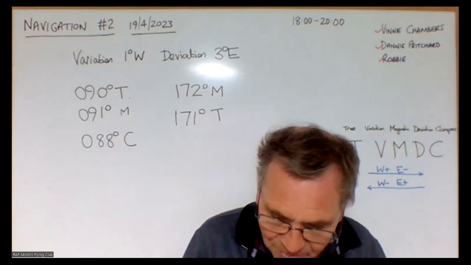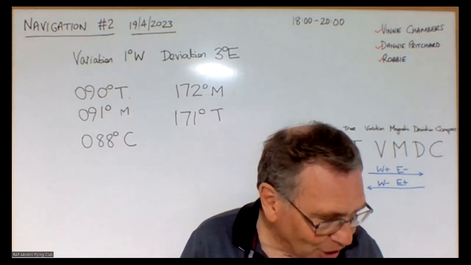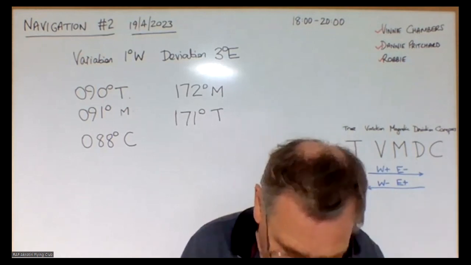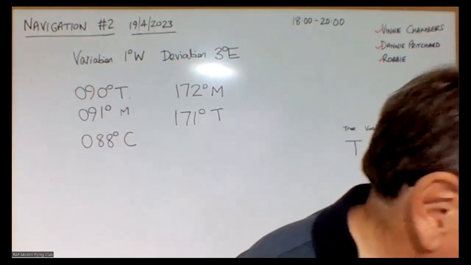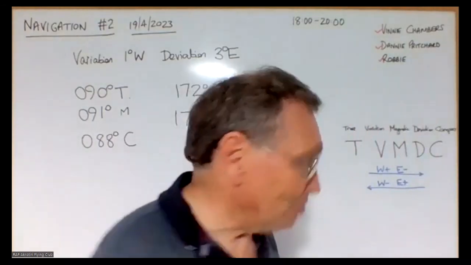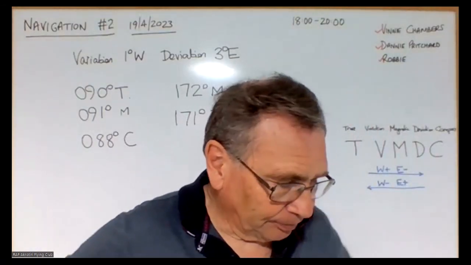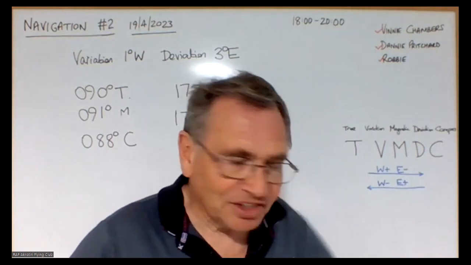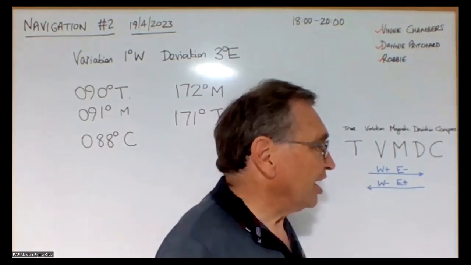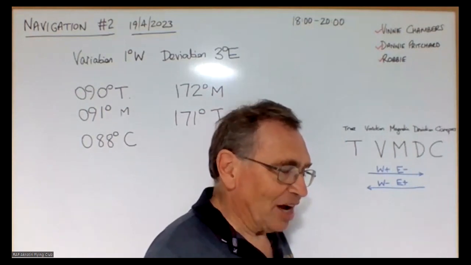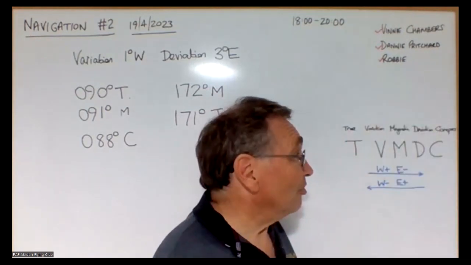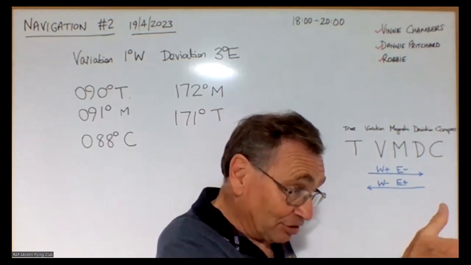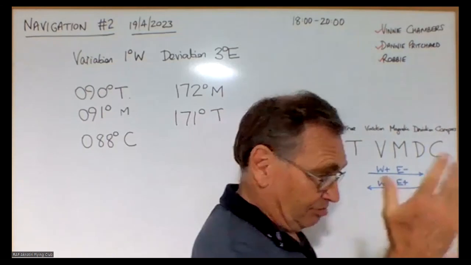They can work out where magnetic north is, because they can work out what the variation is for that particular point and that particular time of year. And they turn everything on in the plane, they start the engine, and they find out exactly what the compass is reading for each of these various points.